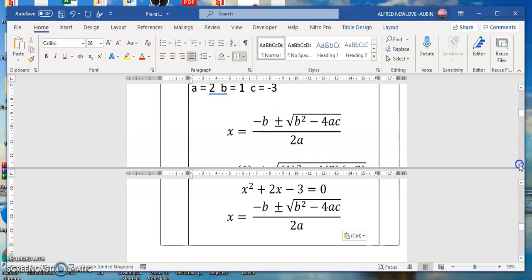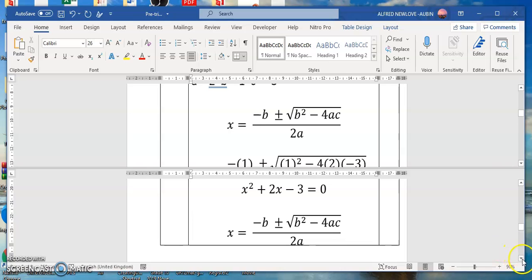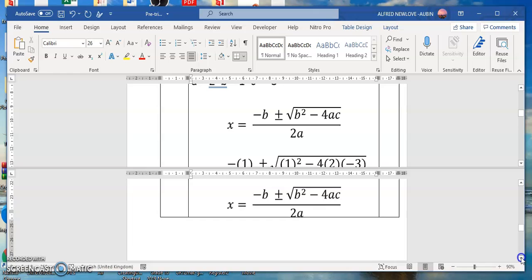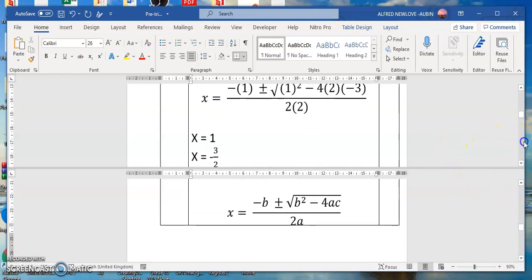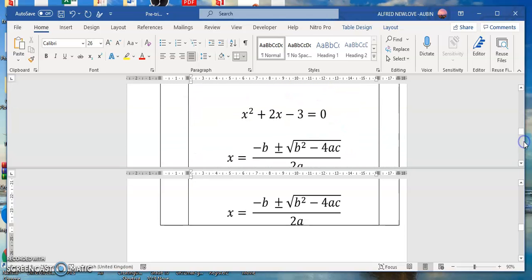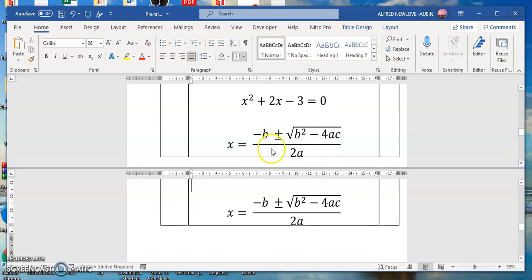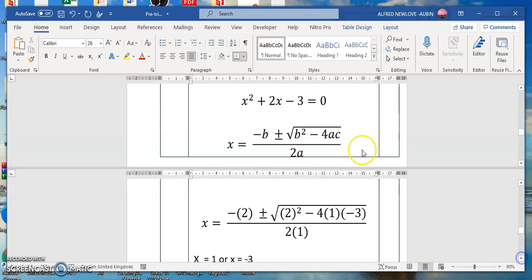So what is our a? We are starting with b. What is our b? Our b is 2. So you substitute it here into the formula. Okay, let's use this one. So here, this is our minus.